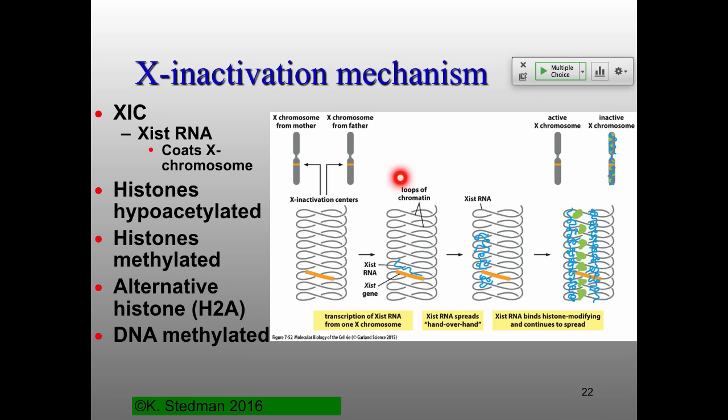After you have that, you have removal of acetyl groups, so it condenses your chromatin. The histones get methylated. You put on an alternative histone, and DNA methylation takes place. It's the combination of really these four things: taking acetyl groups off, methylating your histones, putting on the alternative histone, and then finally methylating the DNA, which really gives you that massive compaction which shuts off expression of all the genes on one of those two X chromosomes.